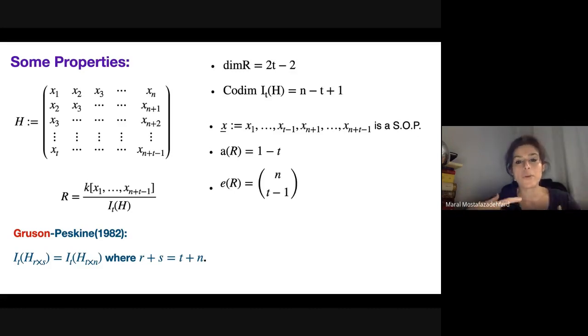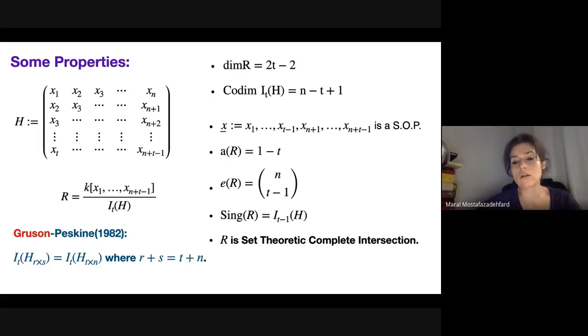There are lots of other nice properties. For example, it is well known that the multiplicity of these rings is n choose t minus 1, and the singular locus is also well known, which comes from the minors of one less size of these matrices. And at the end, these rings are set-theoretic complete intersections. This is work due to Valla.